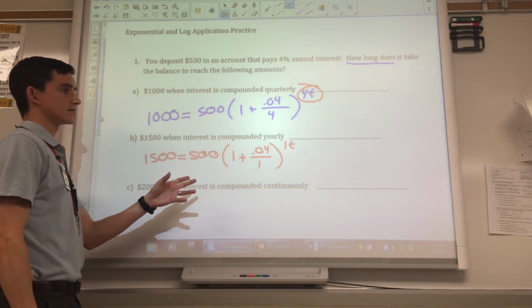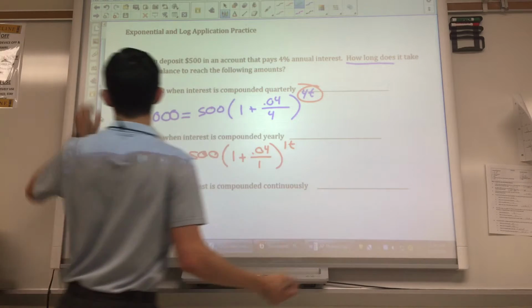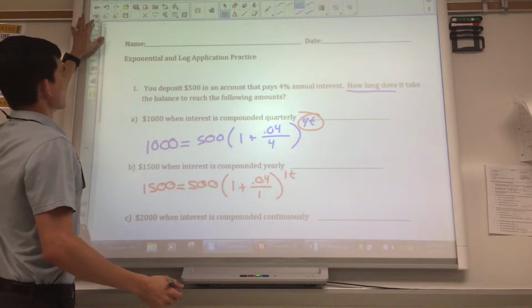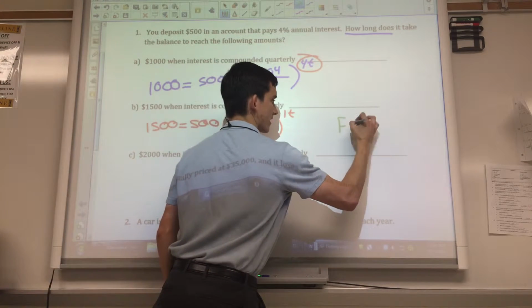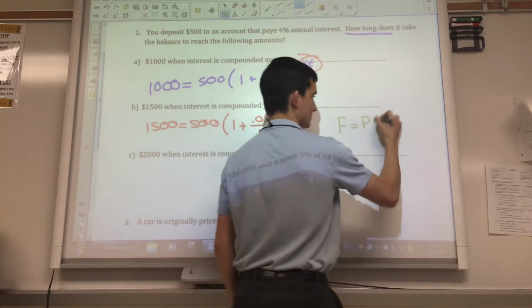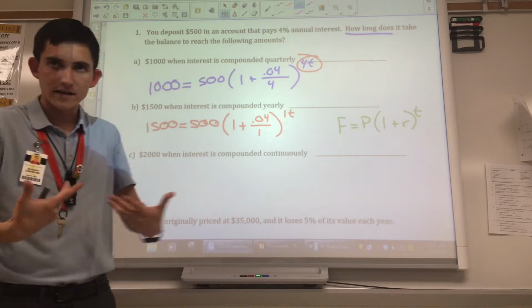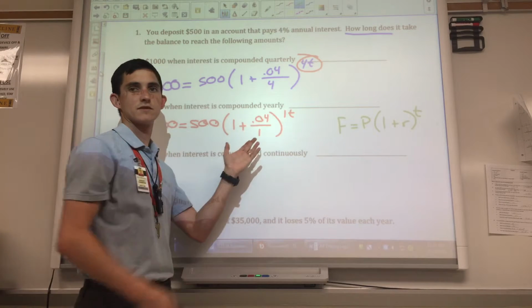And notice, guys, do you see how this is not actually the equation that we're using? Let's go back here. The equation that we're using is F equals P times 1 plus r to the t now. You see what happens when we don't have any compounding interest? It just ends up being divided by 1 and times 1.